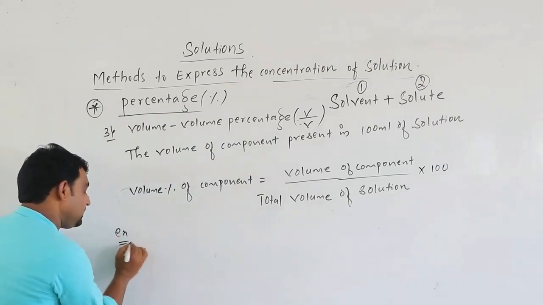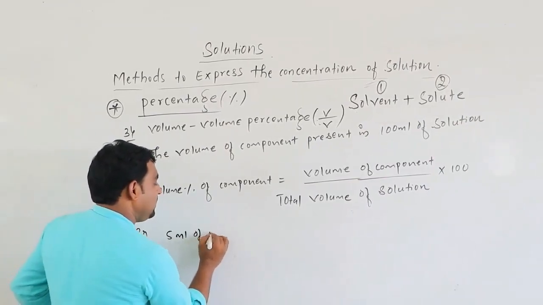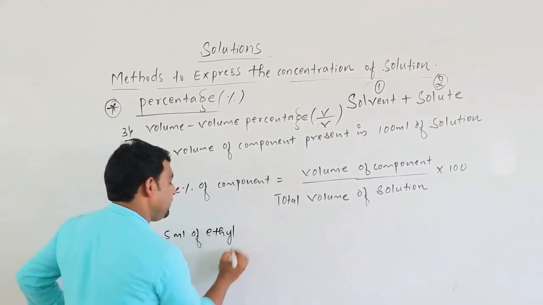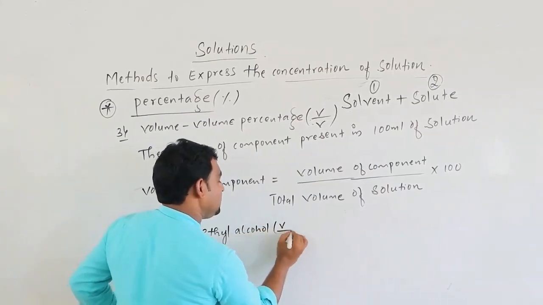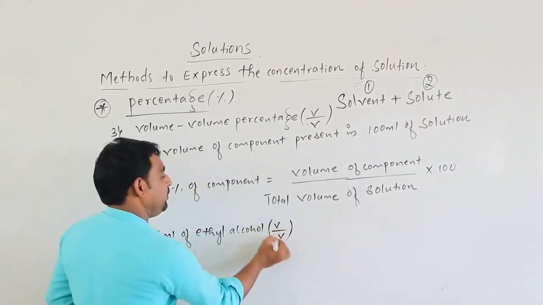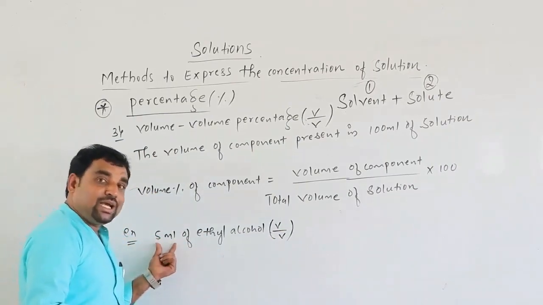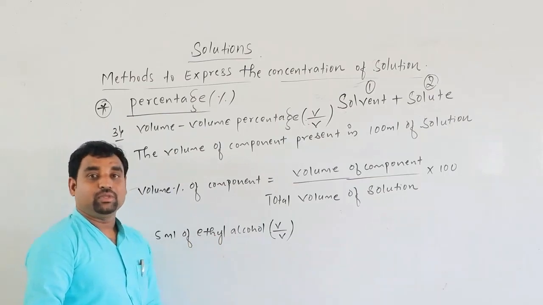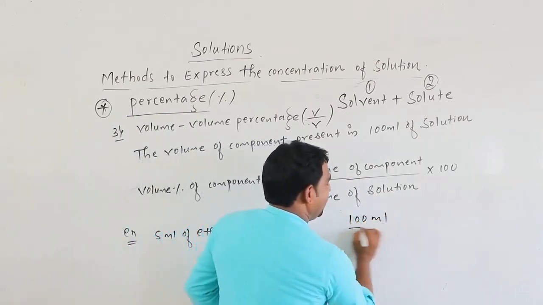Example for this one is, you can take 5 ml of ethyl alcohol, that is V by V, volume by volume. It means 5 ml of ethyl alcohol present in water. So total solution should be what? 100 ml.